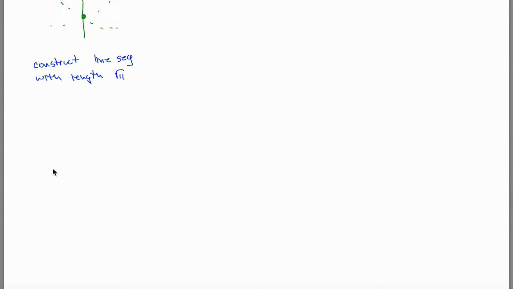Well, I have 1 given to me up here. And so if I have 1, maybe that's 1. I can do that 3 times. I can draw a line, and then I can measure out a segment of length 1, and I could do that 3 times to get a segment of length 3.